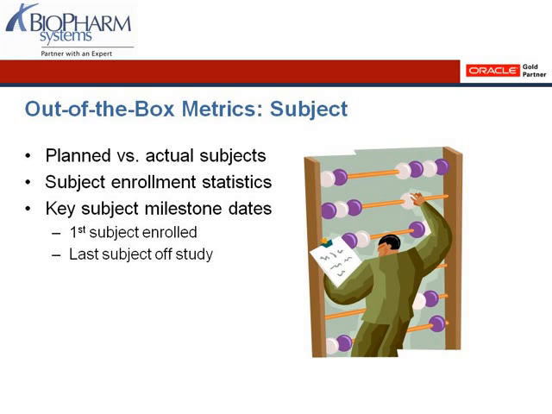So at the site level, based on what we're tracking at the subject level, we'll be able to see when the first subject was enrolled, or the earliest subject that was enrolled, and once we close out that site, we'll be able to see the last subject off the study and what those dates were. And again, all of that is going to be rolling up to the higher levels as well. So at a protocol level, a study manager across all of their sites will be able to see when that first subject enrolled milestone happened across that protocol.